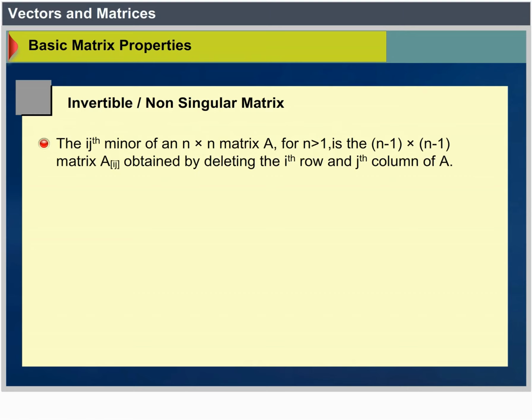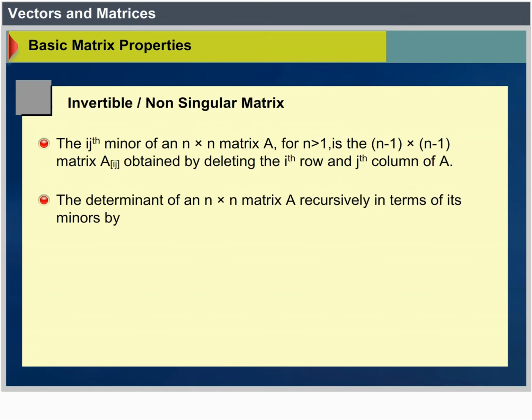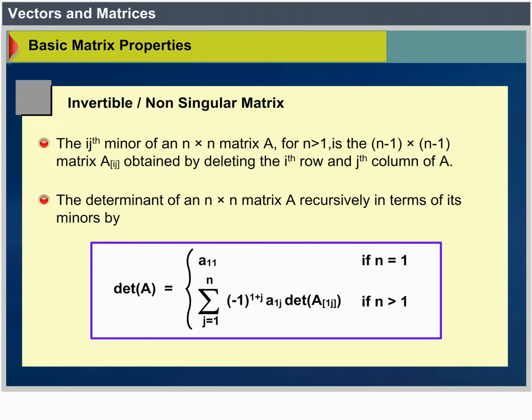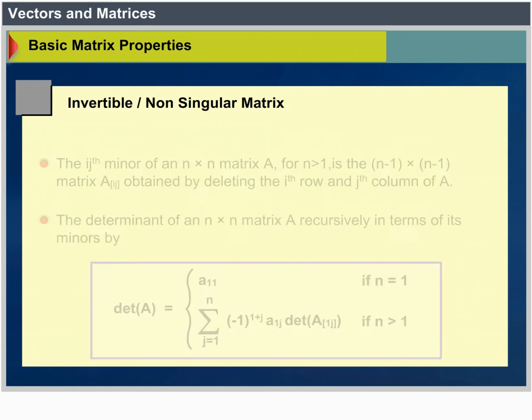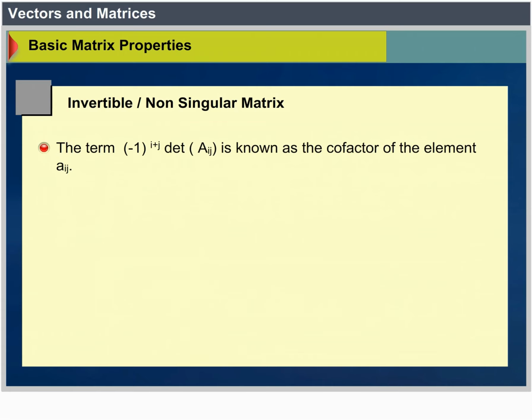The determinant of an n by n matrix A is defined recursively in terms of its minors, as shown here. The term (-1)^(i+j) times the determinant of Aij is known as the cofactor of the element aij.